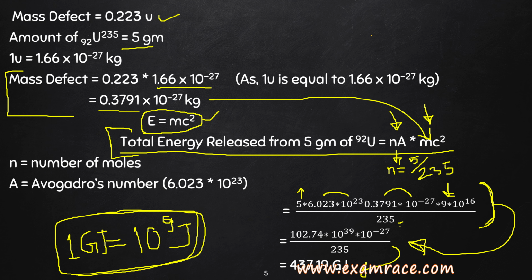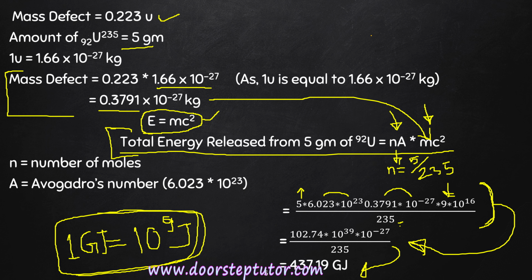As I told you earlier, the number of moles will be calculated from the given weight, that is 5 gram upon 235, the molecular weight of uranium 235. Then mc square, where the value of m is calculated, and c is 3 into 10 power 8, the speed of light, and Avogadro's number is 6.023 into 10 power 23.